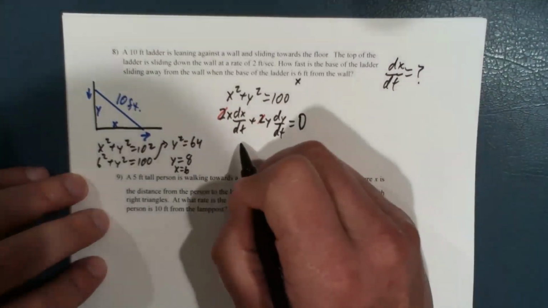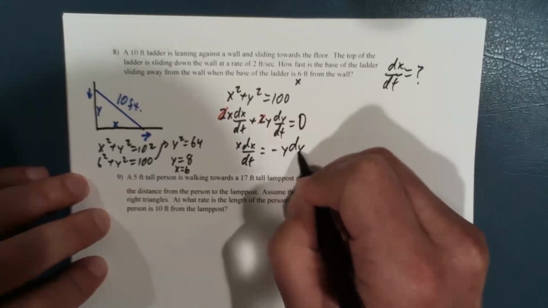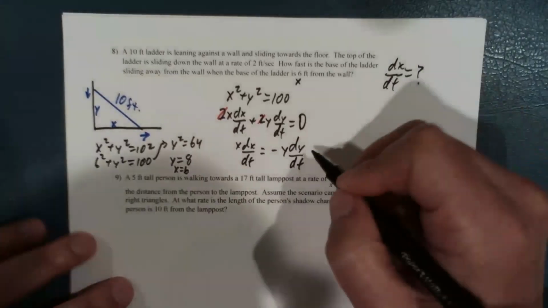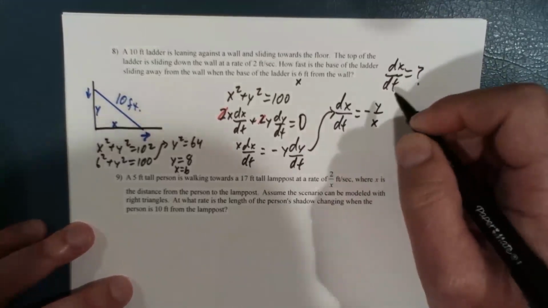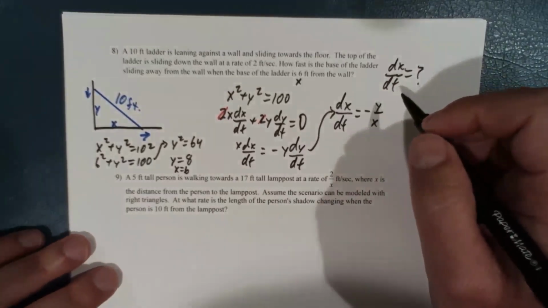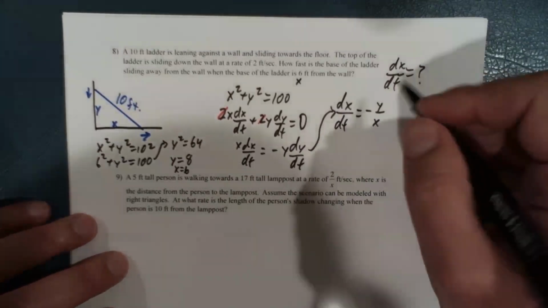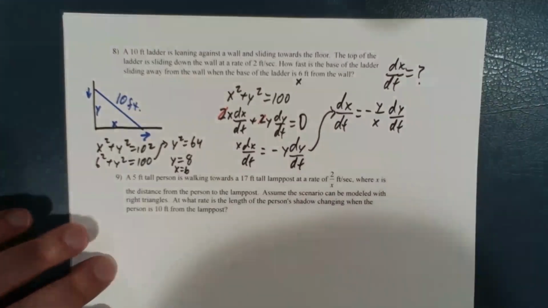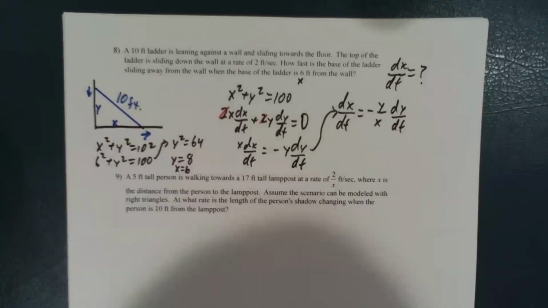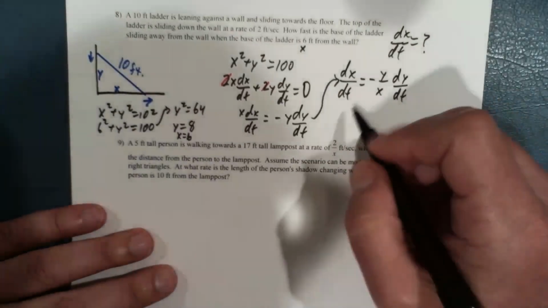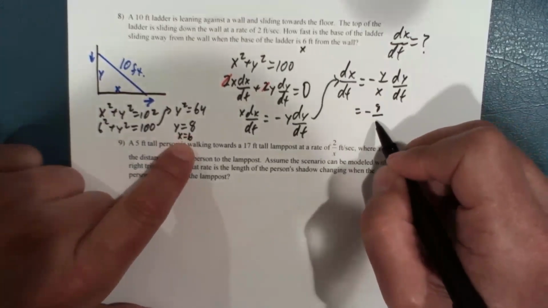So I'm going to go ahead and subtract that over, and I'm going to divide by X. All right, so we are going to end up with our Y value, which is 8, negative 8 over 6.